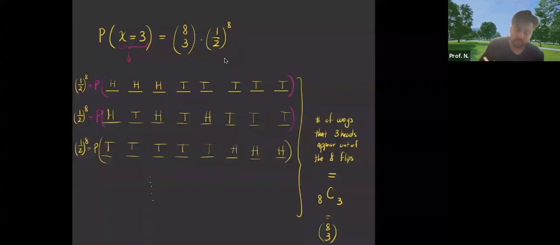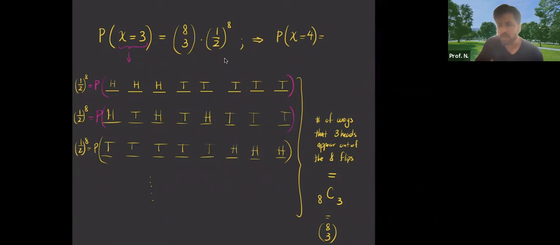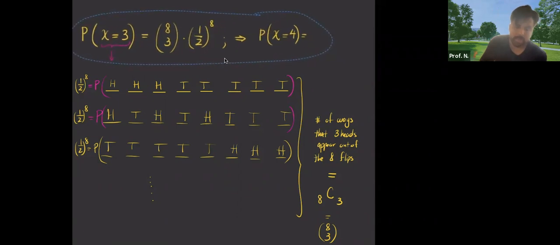So what do you guys think would be the probability that the random variable equals 4? Or in other words, I have 4 heads out of the 8 flips of coins. What would be this probability? So now think about having 4 heads instead of 3 heads.